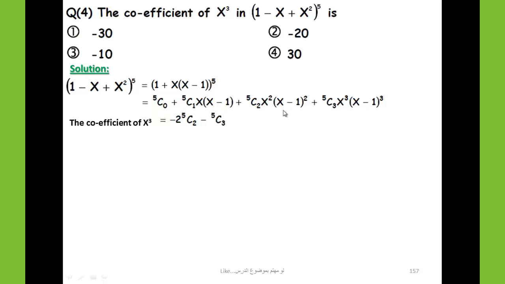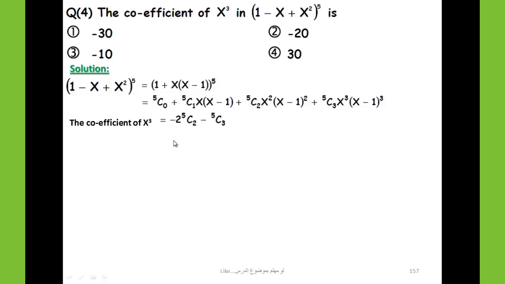In this term we have x power 3 because (x minus 1) power 2 equals x squared minus 2x plus 1. Here the middle term in the expansion of (x minus 1) squared is negative 2x. Negative 2x multiplied by x squared equals negative 2x power 3 multiplied by 5c2.